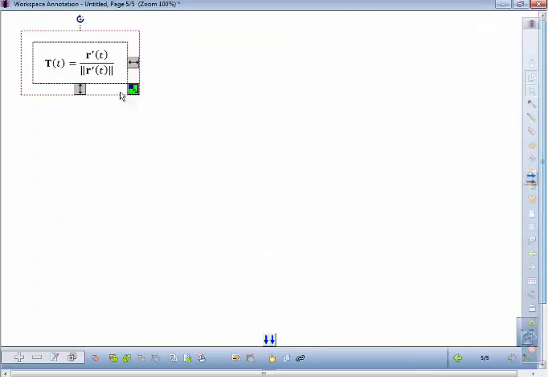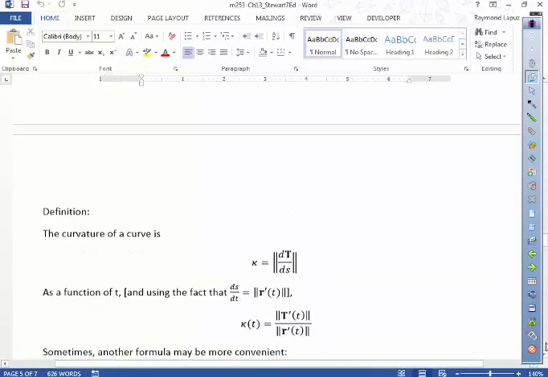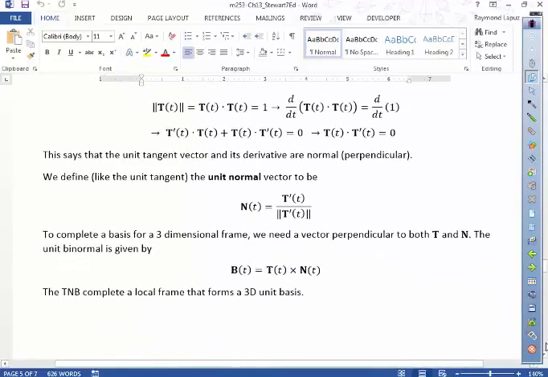We have the unit tangent vector defined by the derivative of the position, and you want it unit, so you divide by its magnitude. We're going to go formula hunting here. R is the position vector.